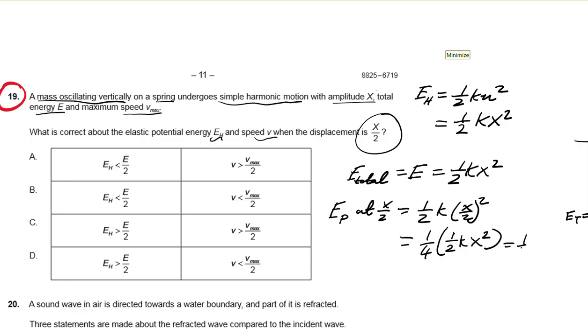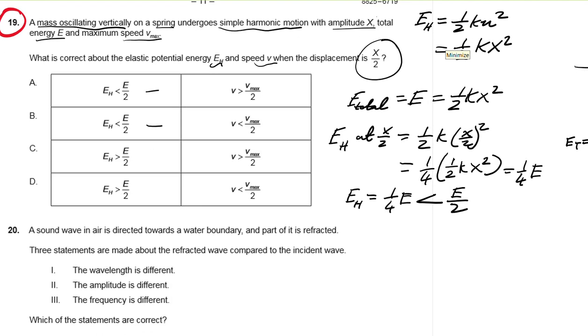And that is 1/4 E. And so now we can look here. Let's change this to H just for simplicity. And so EH is equal to 1/4 E, which is definitely less than E over 2. And so we can say this is correct and this is correct.